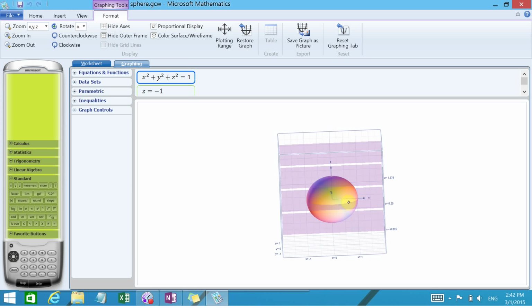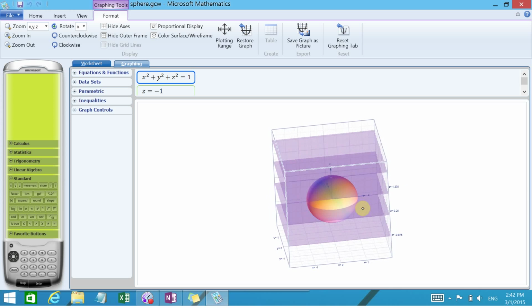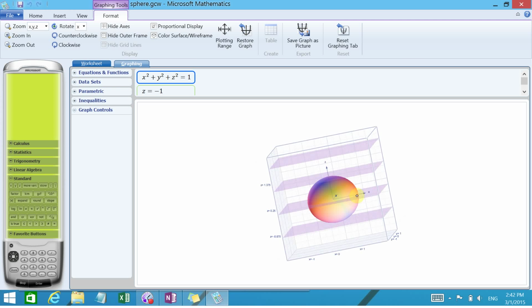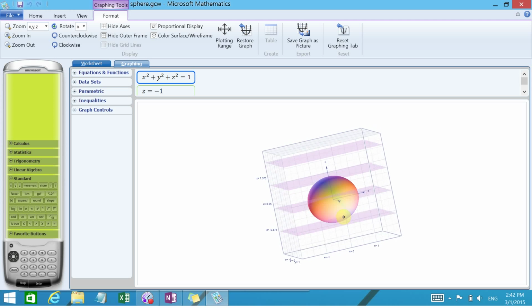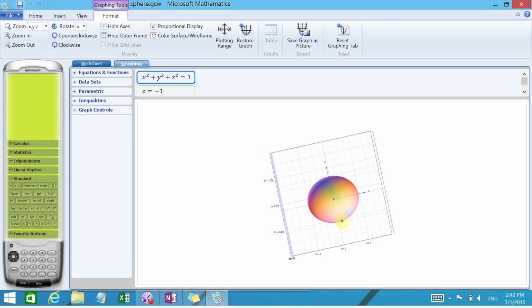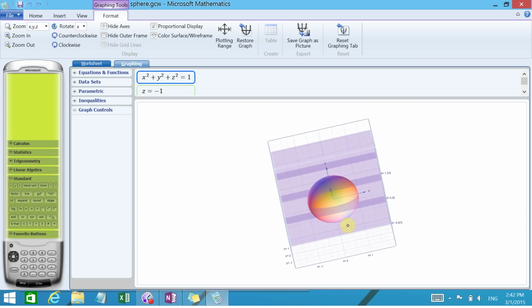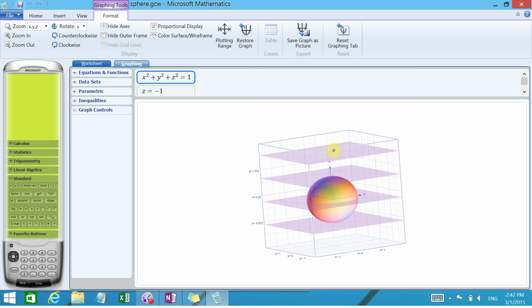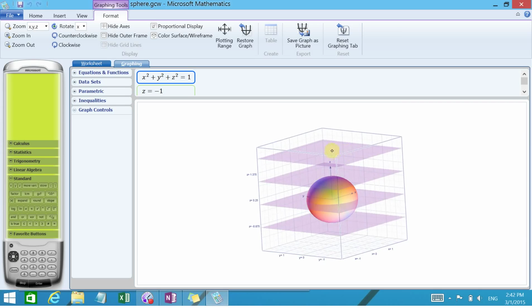On the other hand, this z equals 0 plane down here intersects it in a circle. It's where this mouse cursor is. And then we have the south pole, again, intersecting at a point. That's my z equal to negative 1 plane down there. And then you have this z equal 2 plane, which is just out there in the middle of nowhere, and it's not touching the sphere at all.